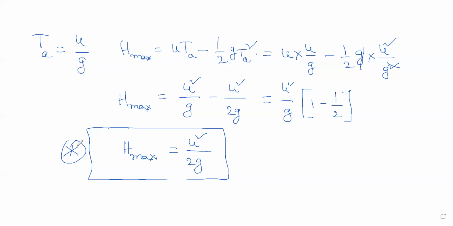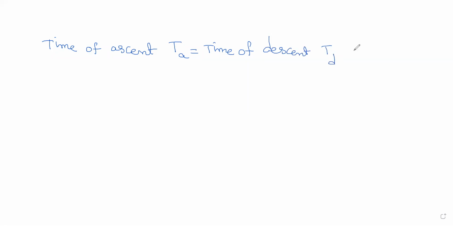Noted, sir. Very good. Now we have a few more things. Time of ascent ta is equal to time of descent td.